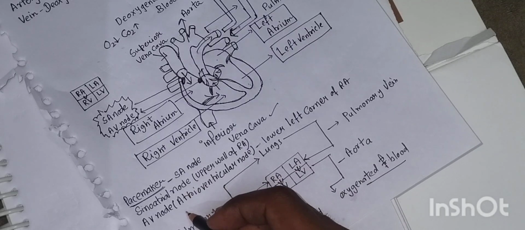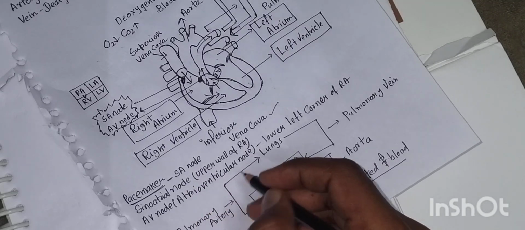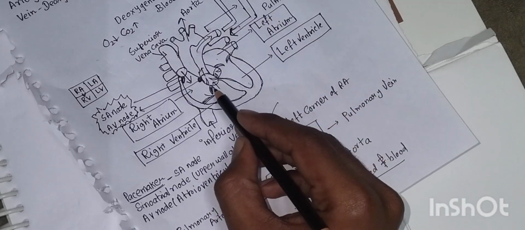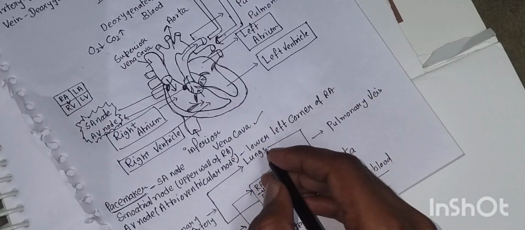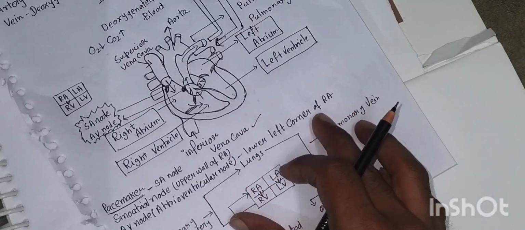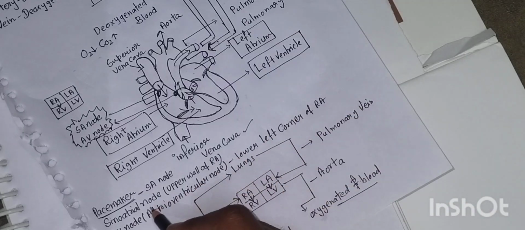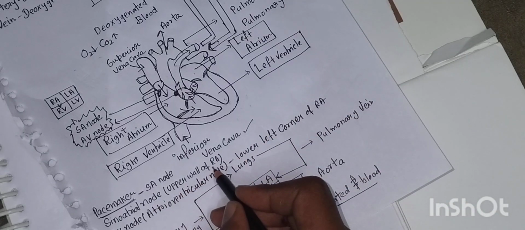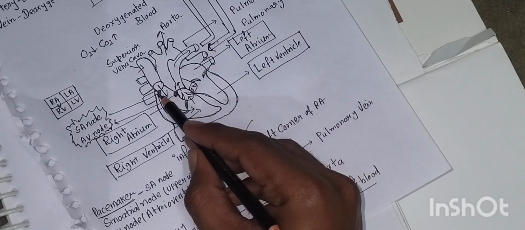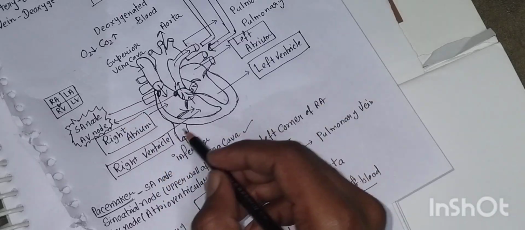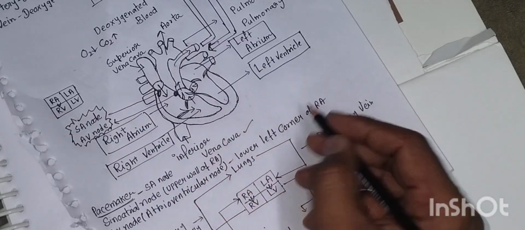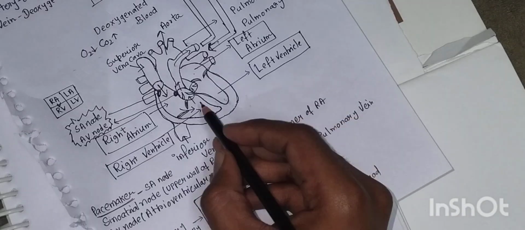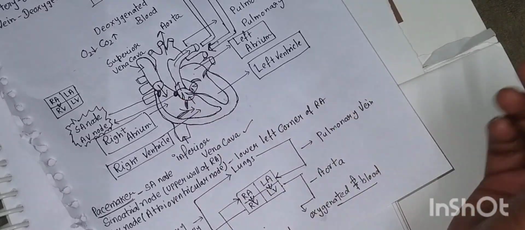Sinoatrial node and the AV node both help to generate electrical impulse, and their locations are very important for us, especially for class 10th students. That is, sinoatrial node is always present in the upper wall of the right atrium. That is sinoatrial node, and the atrioventricular node is present in the lower left corner of the right atrium.